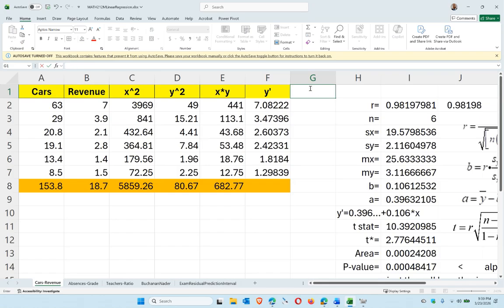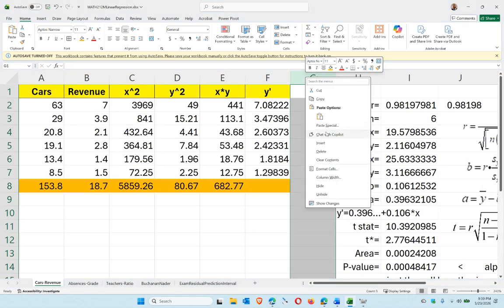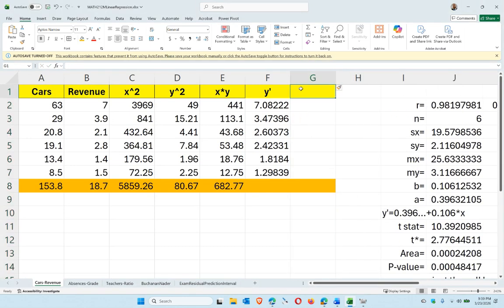Oh, going to insert here. Insert y minus y hat squared. So we need the observed minus the predicted, squared.